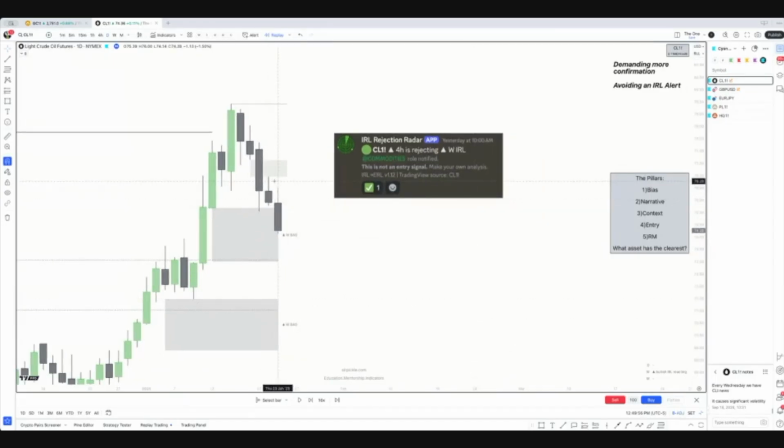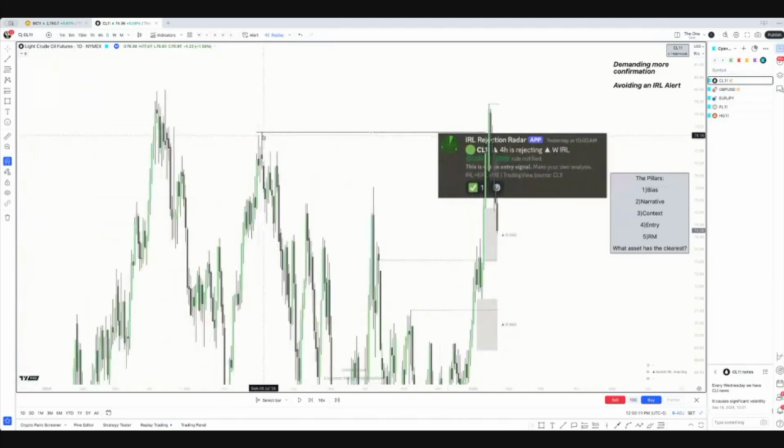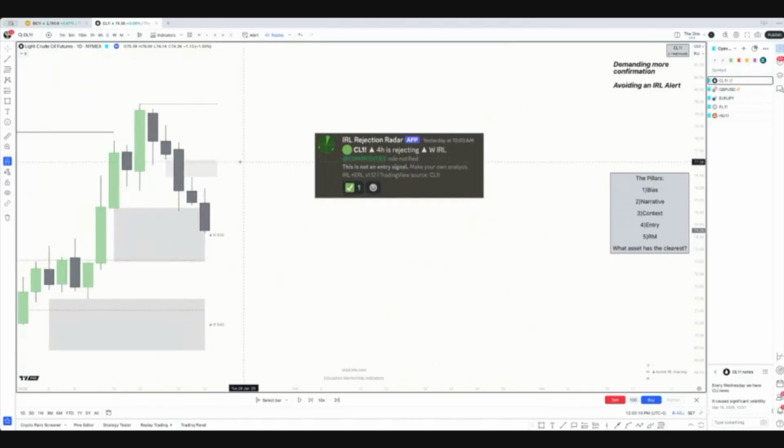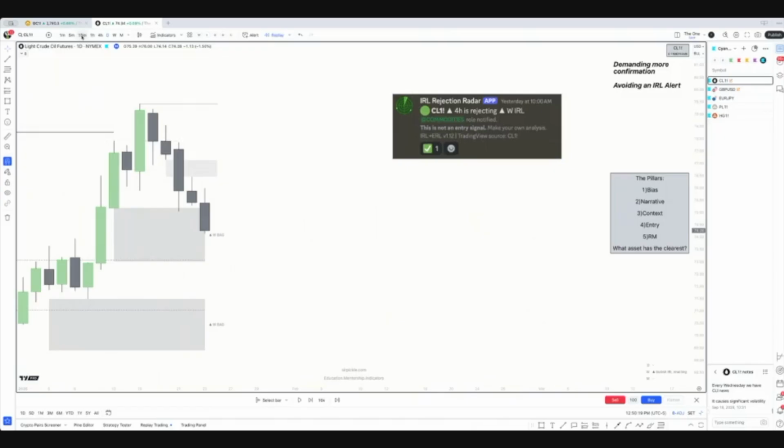Overall, I want to demand more confirmation here because I can't say with 100% certainty that I am 100% bullish right here. There are some reasons that are going to hold this up. There's very aggressive retracement. We are respecting a weekly premium array right there. Overall, I want to see more confirmations that price is going to go higher. Now, what do I mean by more confirmation?